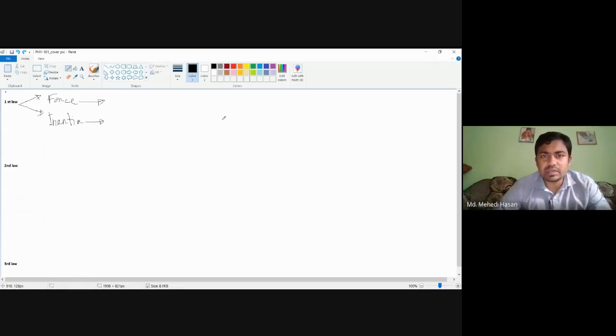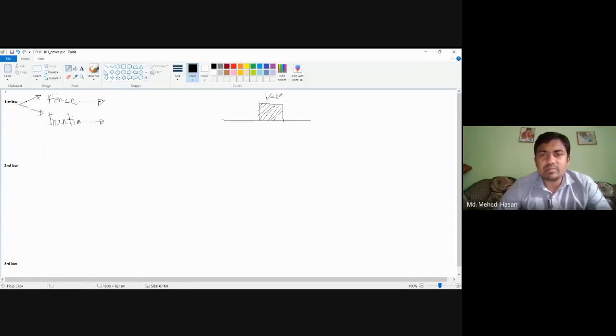So if we consider an object on a horizontal surface, and the velocity of that object is initially 0, then we can say the object is in a stationary state. If no external force is applied on that object, the velocity will remain 0 and the object will remain stationary.